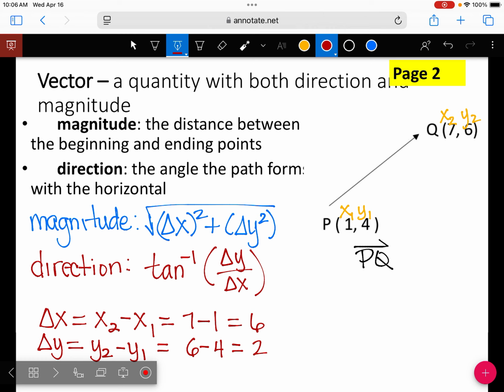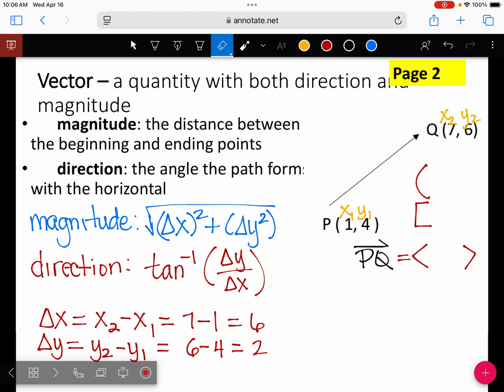So now that we have our change in x and our change in y, vector PQ can be written as, and again, something else, these pointed parentheses, we use that for vectors only. It's not that, it's not that.